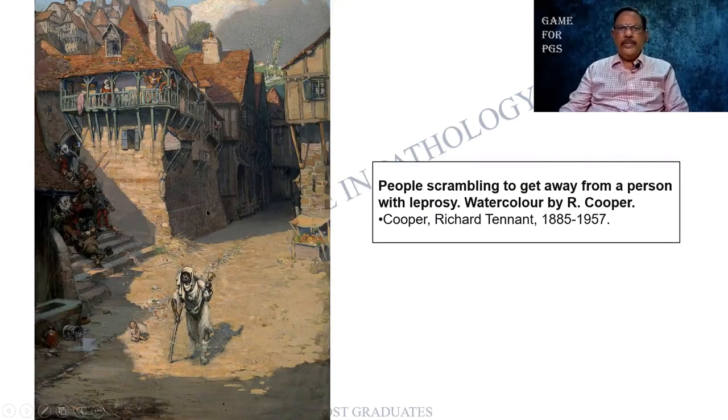Now, what are we seeing on the screen? It is a picture of stigma. There are people over here, and then a Hansen's patient is walking alone. He is being kept aloof. A very beautifully depicted picture by Cooper.